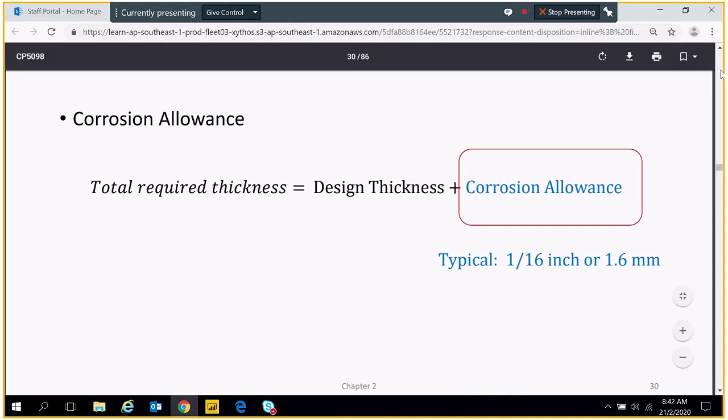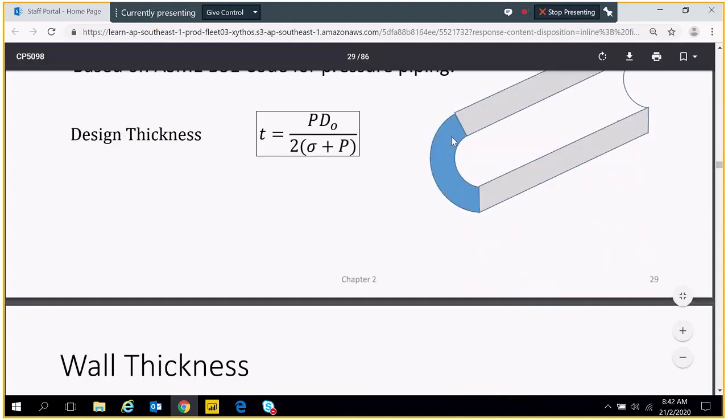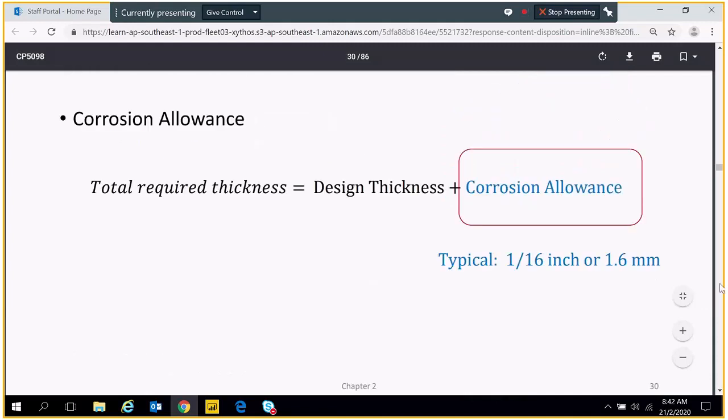Obviously, you cannot have a wall thickness that is too small. Otherwise, when you have corrosion, very soon the chemical would eat away the material, and then the chemical will leak out. Therefore, you must include corrosion. So that's the reason for corrosion allowance.